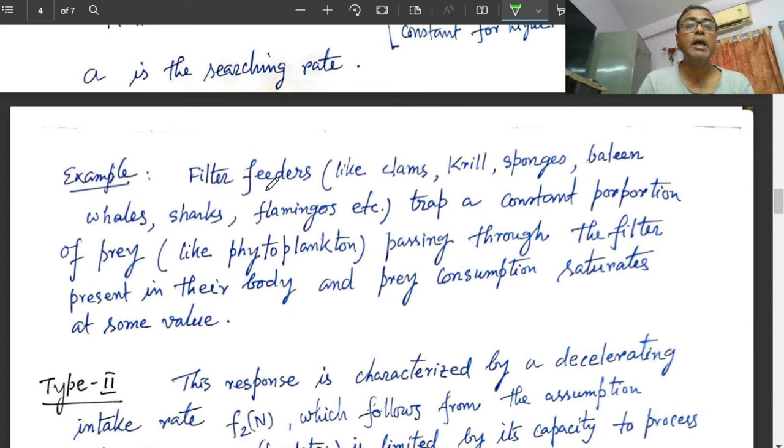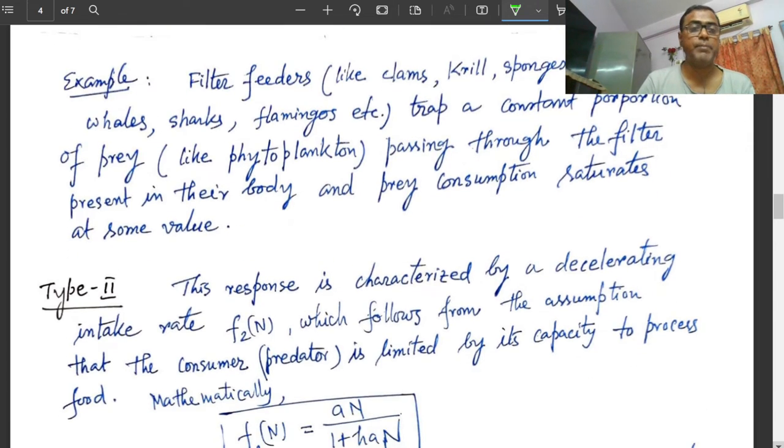Filter feeders means like krill, sponges. They trap a constant proportion of prey like phytoplankton passing through their filter, and the prey consumption saturates at some value. This is the type 1 functional response. This is the linear type.